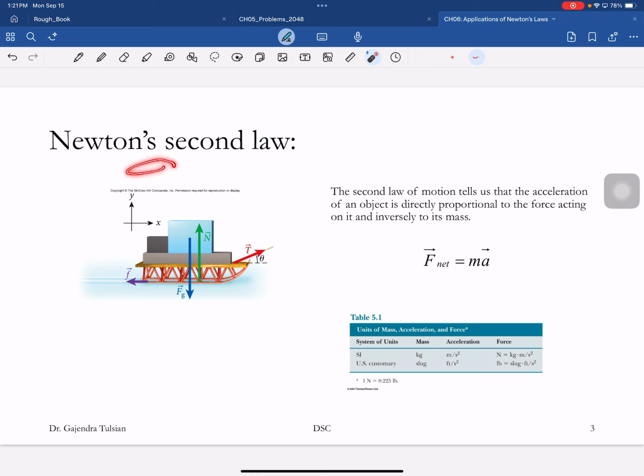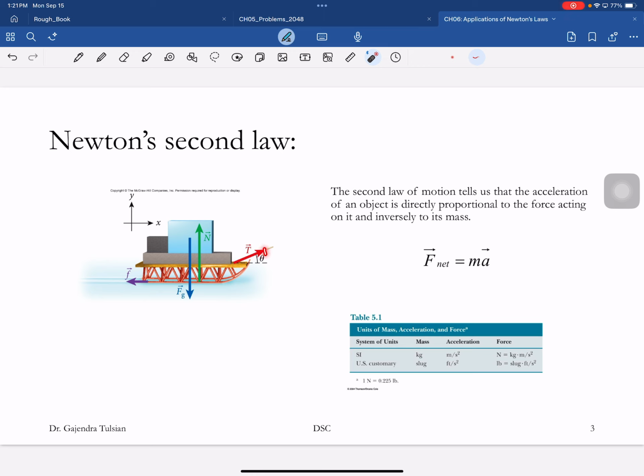So Newton's second law says, here's an object, there are several forces acting on it. Force of gravity, there's the normal force, here's the friction force, and if you're pulling on it with this force, this vertical component adds to that normal component.